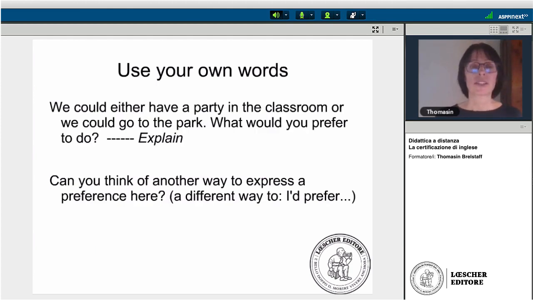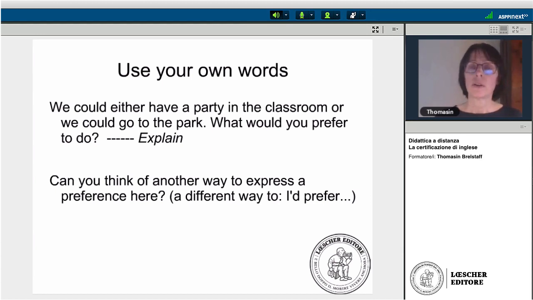The next point says we could either have a party in the classroom or we could go to the park. What would you prefer to do? And the note here is explain. So here we'd be looking at finding a different way to express what would you prefer. In the task, we've got the expression would prefer to.